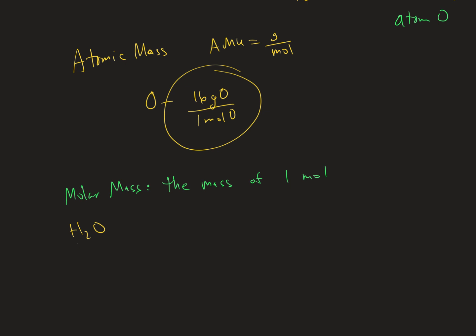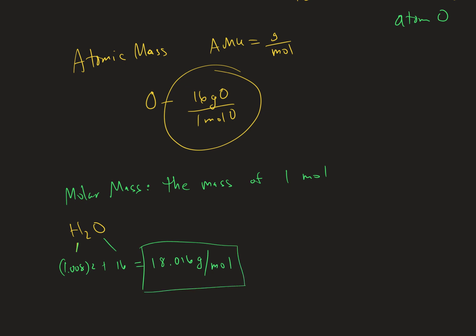So what's the atomic mass of hydrogen? 1.008. We have to multiply that by 2 because there's 2 hydrogens. Plus, the molar mass of oxygen is 16. We add those together and we get 18.016 what? Grams per mole. That is the molar mass of water.